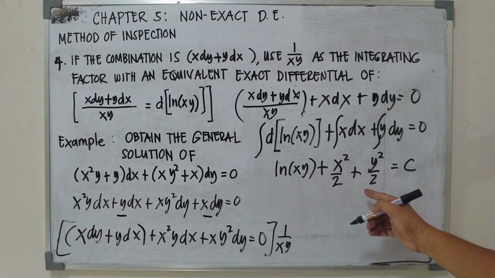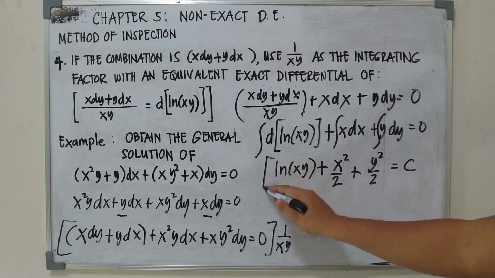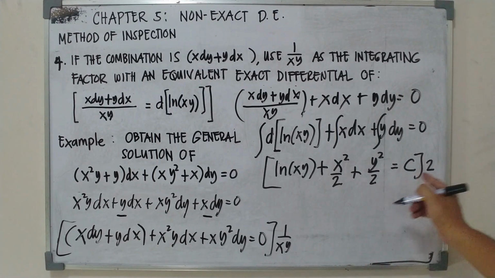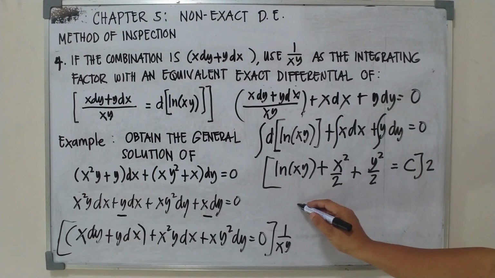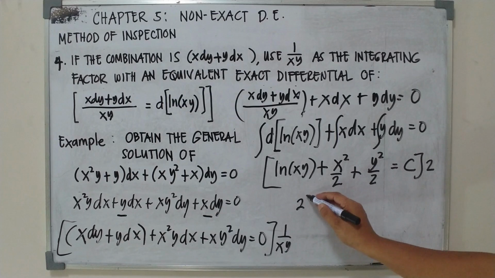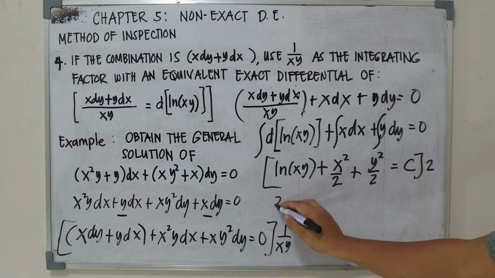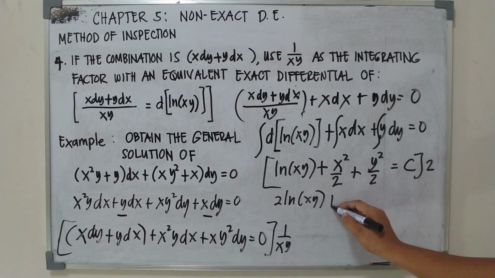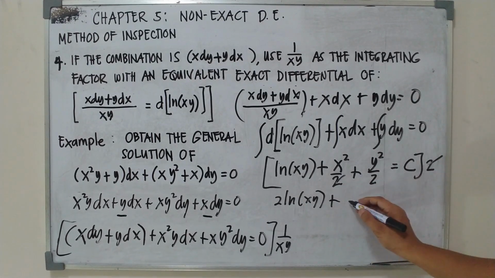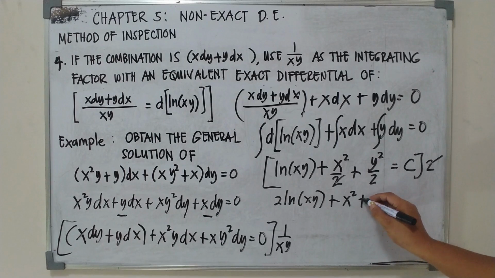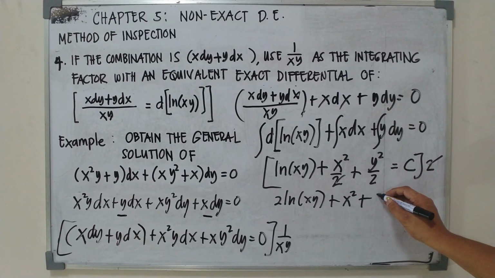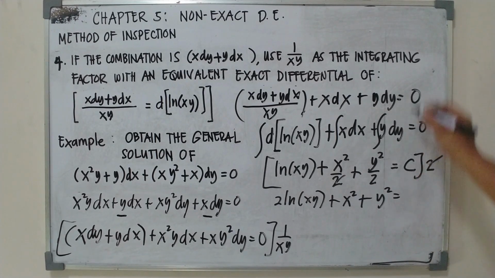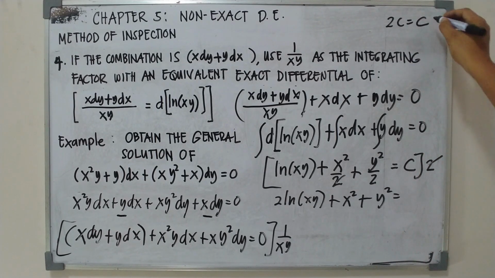To simplify this equation, the LCD here is 2. So this is 2 ln of xy, then plus, cancel out the 2 here, so we have x squared, plus, cancel out again the 2, so we have y squared, and this is equals to 2c, or simply, 2c is simply equals to c.